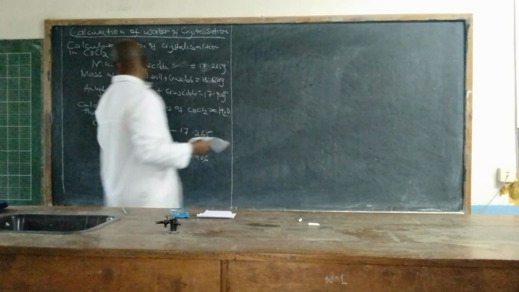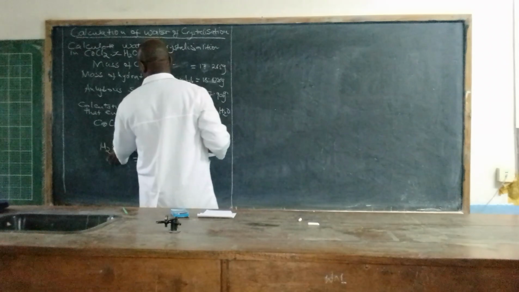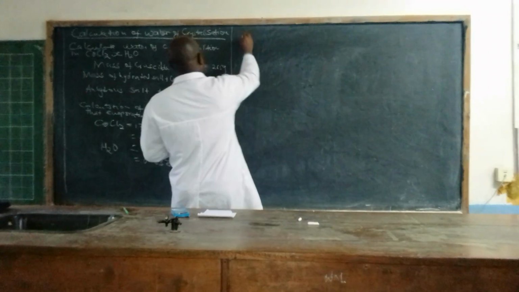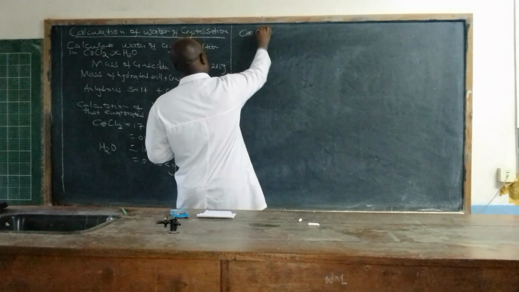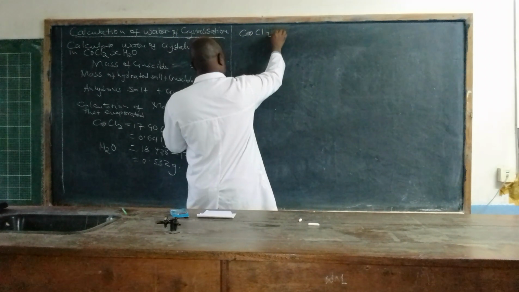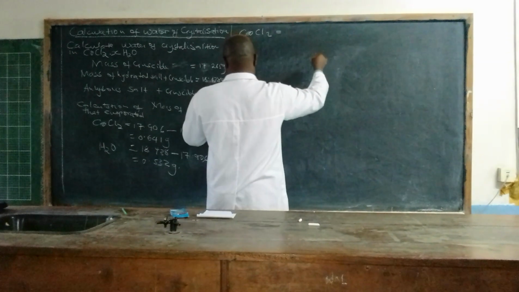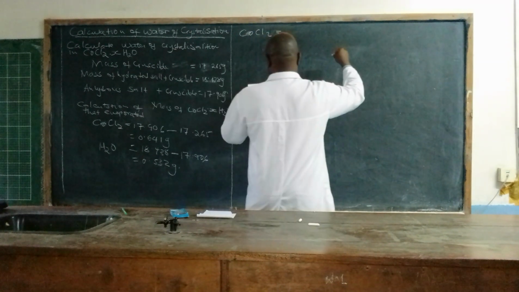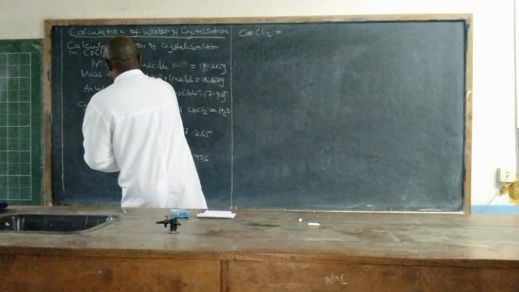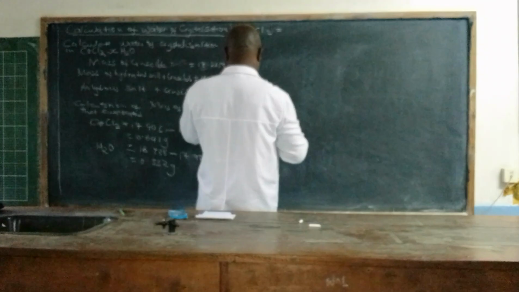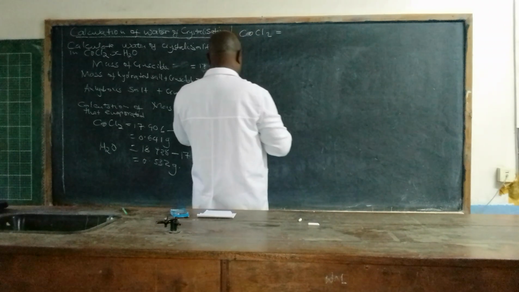Now we are going to consider the mole ratio. For cobalt chloride, the moles equal mass divided by the molecular mass.